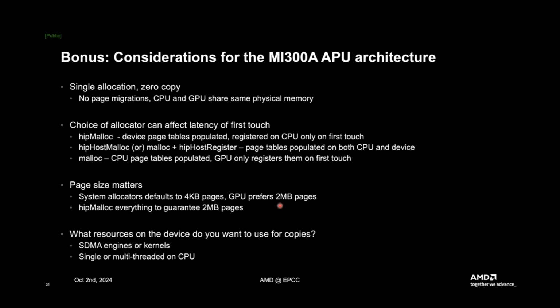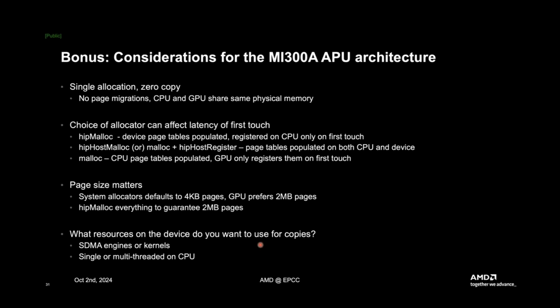And so we recommend using hipMalloc for everything to guarantee the larger pages and to have lower first touch latency from your GPU kernels. And then, of course, the APU opens up a whole lot of opportunities.